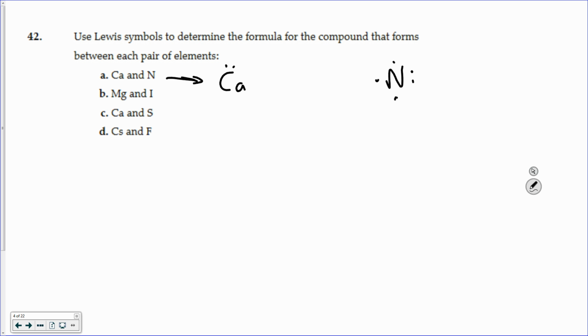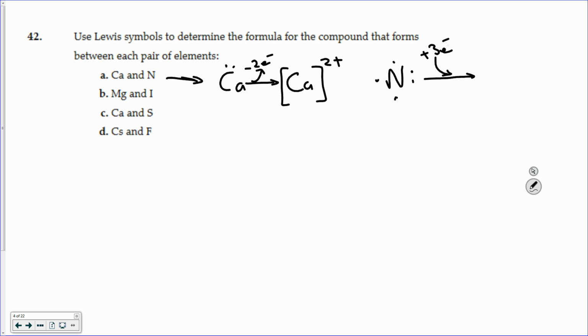So what calcium is going to do is calcium wants to lose those 2 electrons off, so minus 2 electrons to form the calcium 2+ cation. And if I look at what nitrogen wants to do, nitrogen wants to pick up 3 electrons.